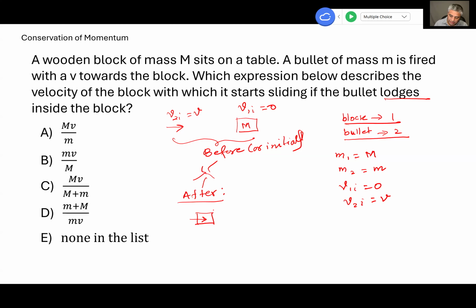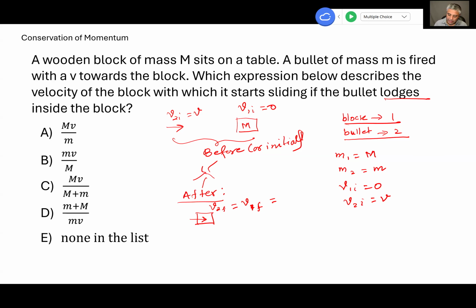So that means both of them are now moving with the same velocity. So final velocity of object 1 and final velocity of object 2, both of them are same.